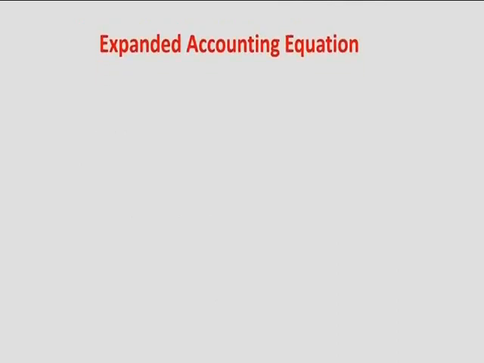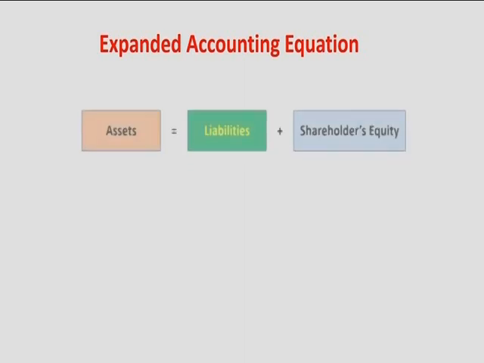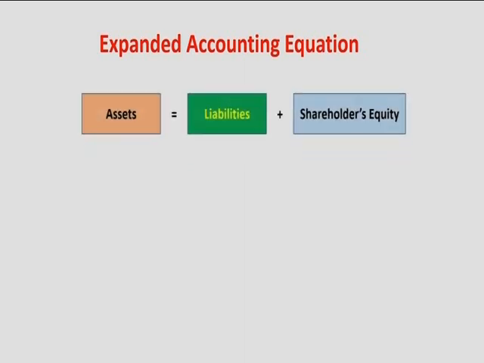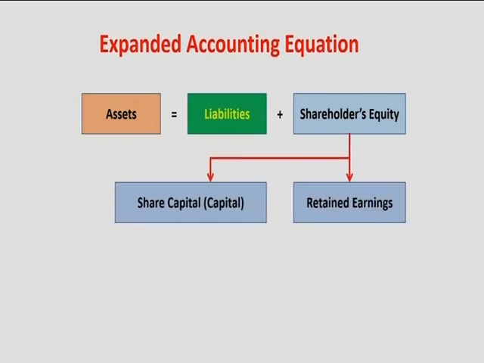Now, this accounting equation, assets equals liabilities plus shareholders' equity, can be further expanded into this form, where shareholders' equity gets divided into two: share capital, or capital, and retained earnings.